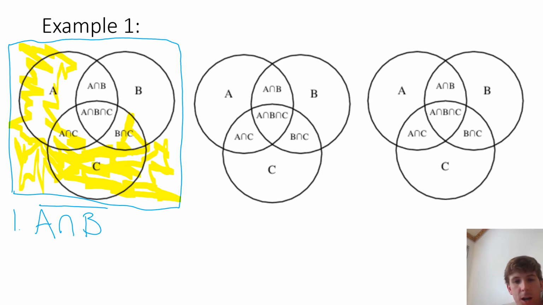That includes just C, the B intersection C, and just B. All of that. Looks ugly, but I think you can get the idea.